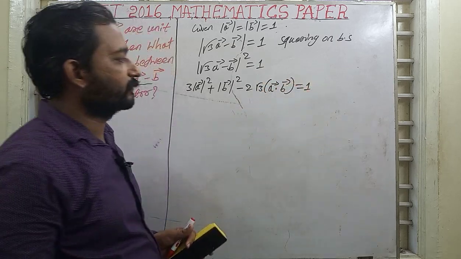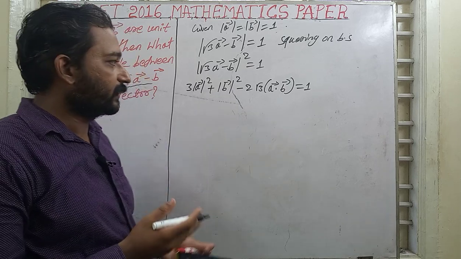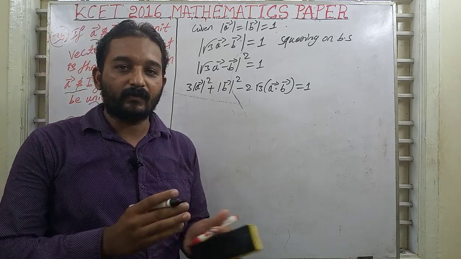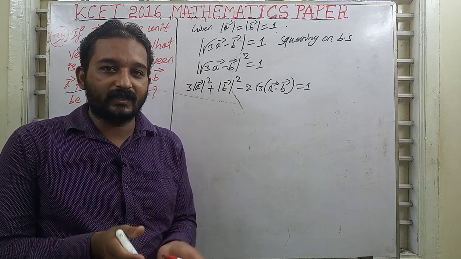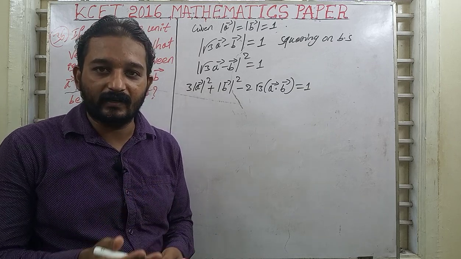Using the formula, a dot b is the dot product, which is magnitude of a into magnitude of b into cos theta, where theta is the angle between the vectors a and b.